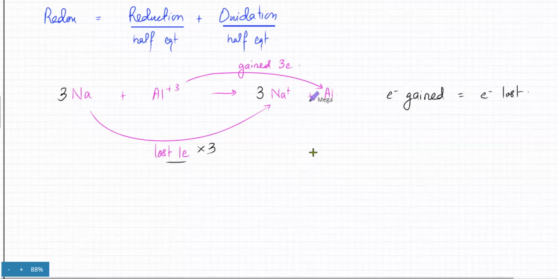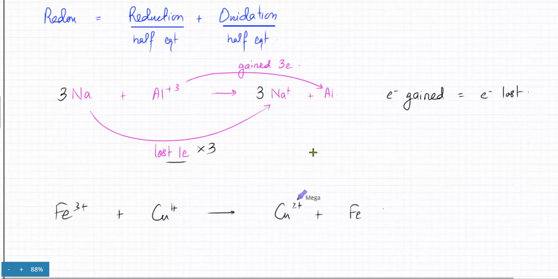So let's try another equation, a simple one. So I've got Fe3 plus, and I've got... So this is the equation.